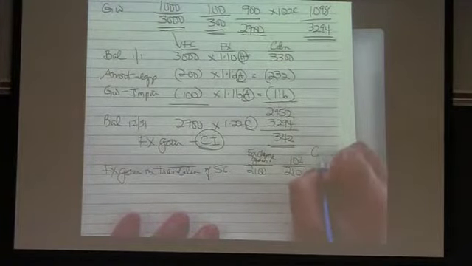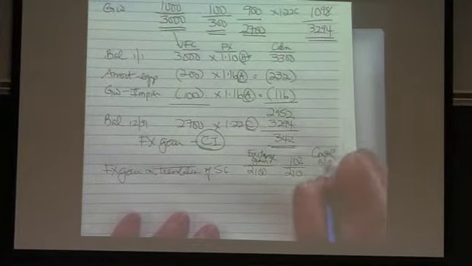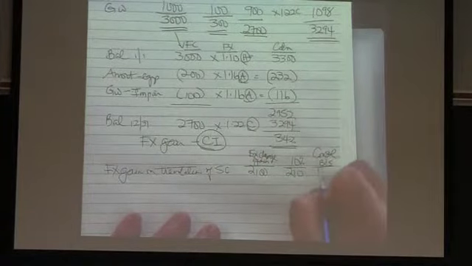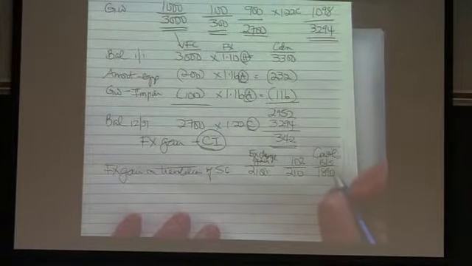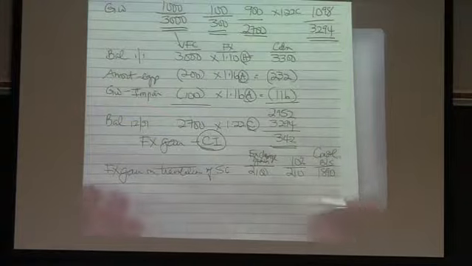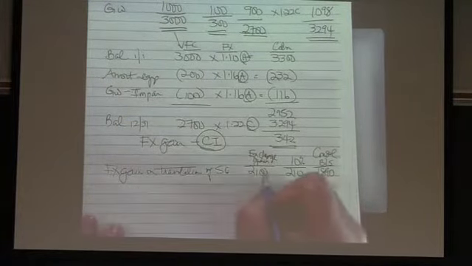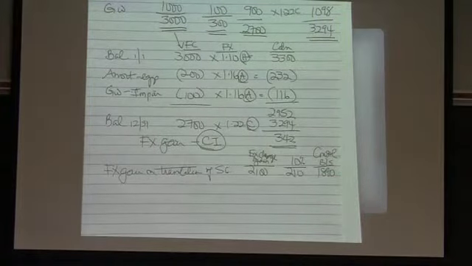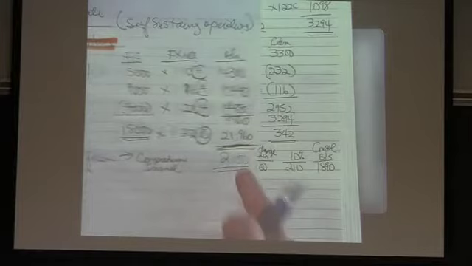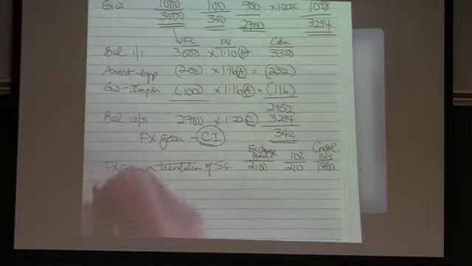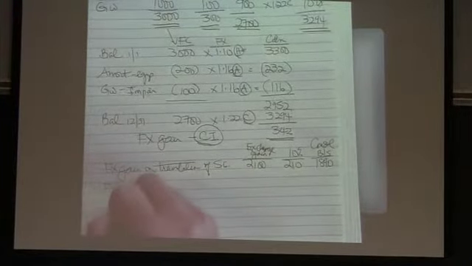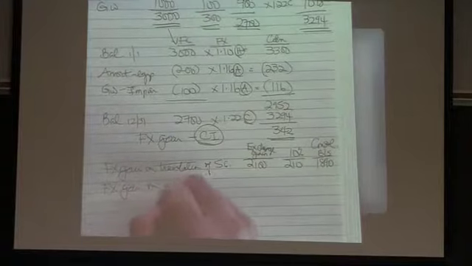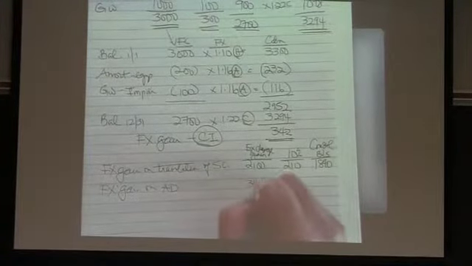So this is our consolidated balance sheet. And that 2,100 was from this schedule. Now we've got an FX gain on AD, which is the 342.